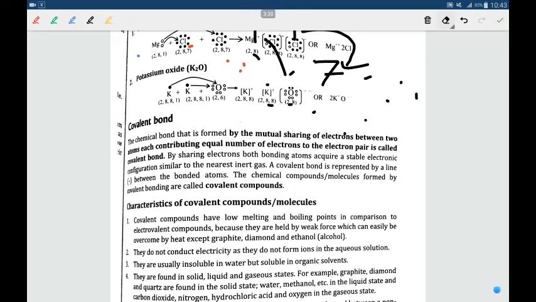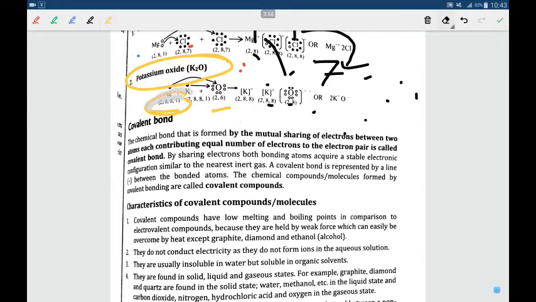So dear students, in potassium oxide, in potassium the electronic configuration is 2-8-1. Check it, 2-8-1. And oxygen, 2-6. That's why, how many potassiums are needed? 2 potassiums.